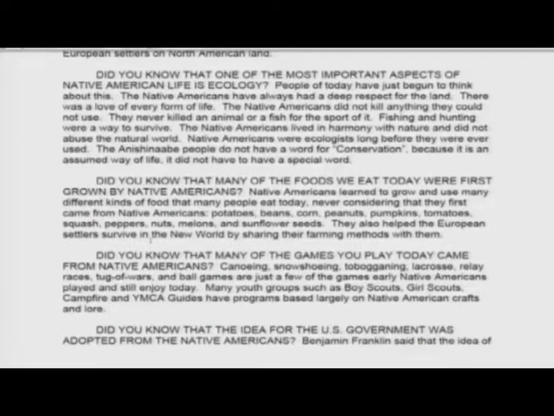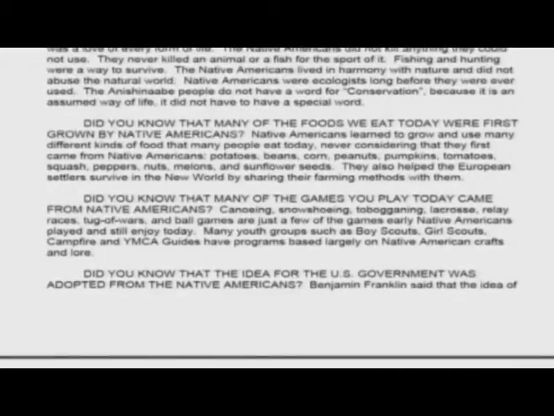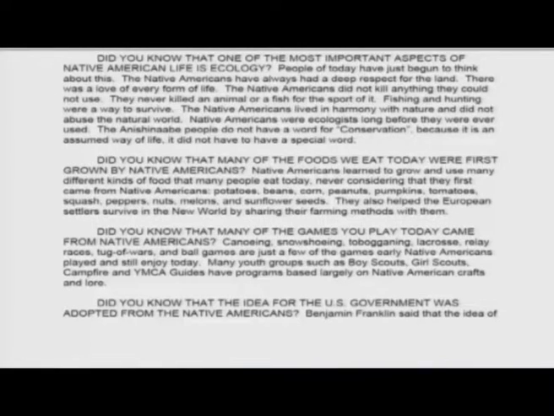We just saw the introductory paragraph of this text, the text about contributions of Native Americans. You can see that the body here has several paragraphs, about 8-9 paragraphs, and each of these paragraphs starts with a rhetorical question.